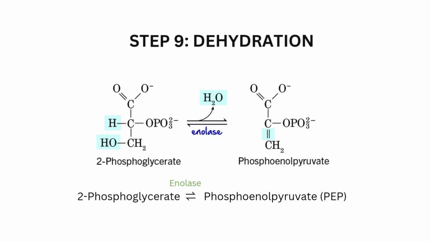The enzyme enolase requires magnesium ion or manganese ion as a cofactor for its activity. This reaction is reversible, but it is very important because the high energy compound formed here will be used to produce ATP in the final step of glycolysis.